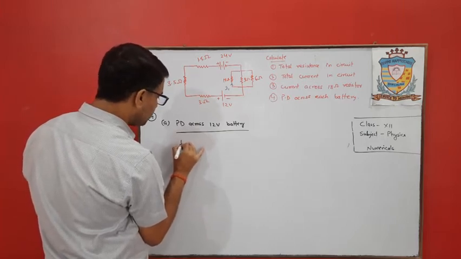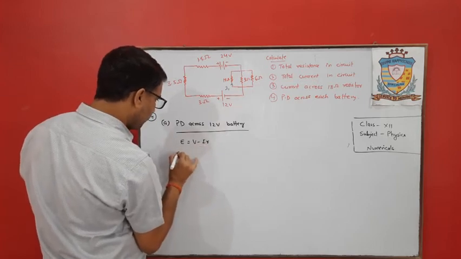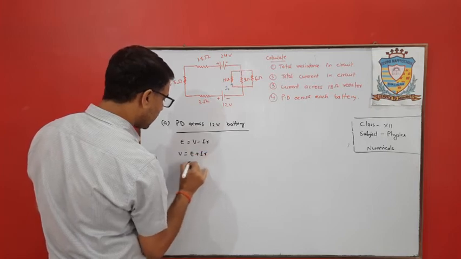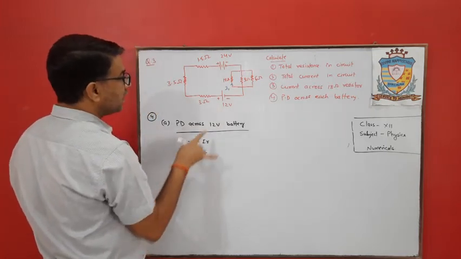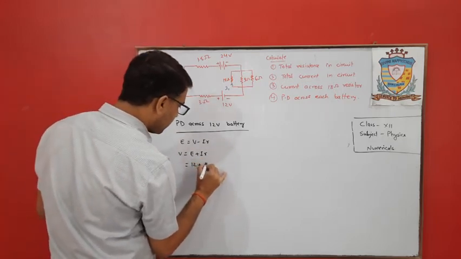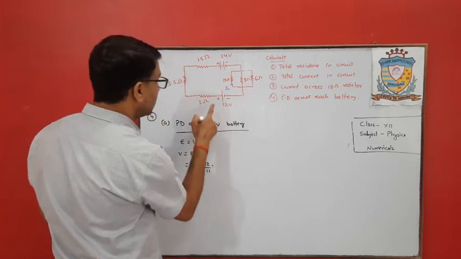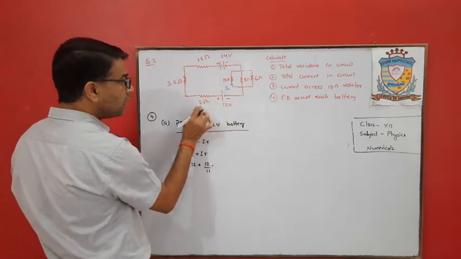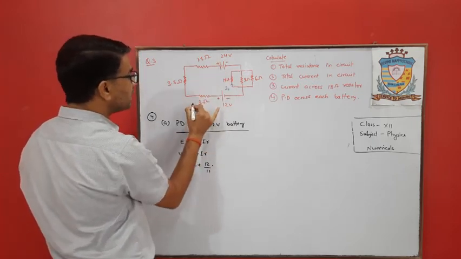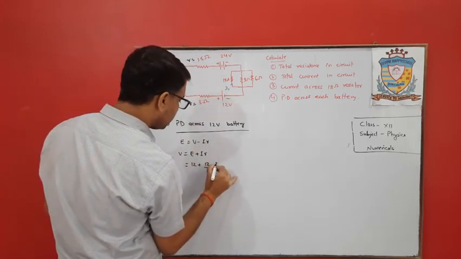So here in this case E is equal to V minus I R, or V is equal to E plus I R. Value of E is 12 plus I is 12 by 11 ampere, okay, into R. R is here, if nothing is given, so these resistances will be considered as the internal resistance of the nearest battery, that means 3.